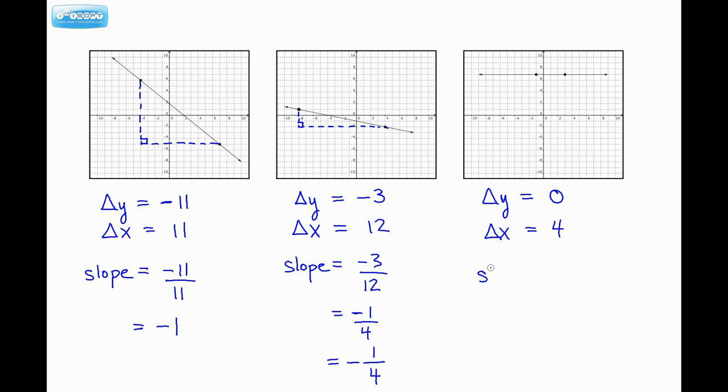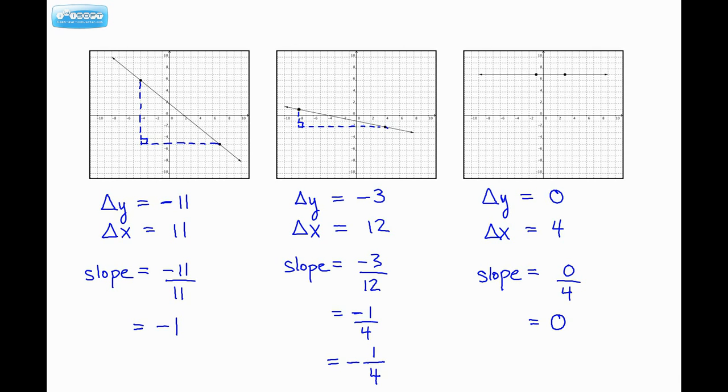At this stage, I don't care how many spaces to the right I go, because delta y divided by delta x, well, what's 0 divided by 4? What's 0 divided by anything except 0? That's 0. So lo and behold, if we have a line that is perfectly horizontal, the slope is 0.